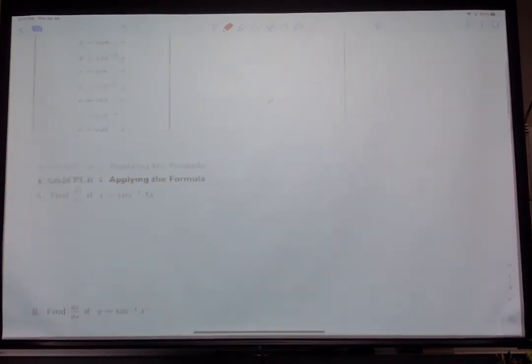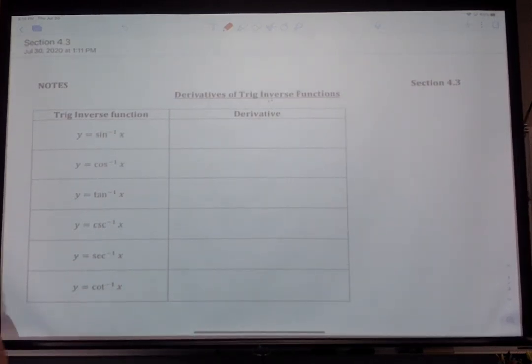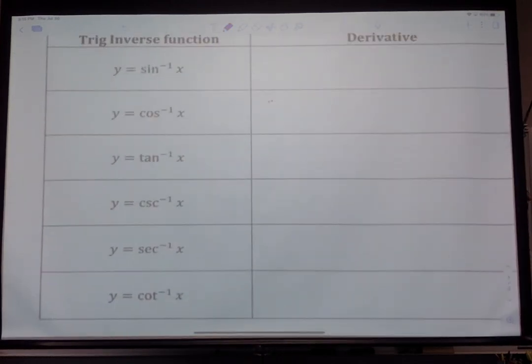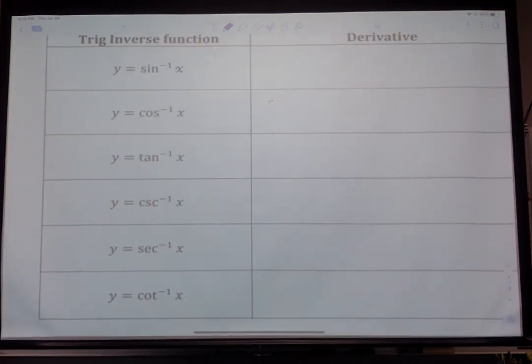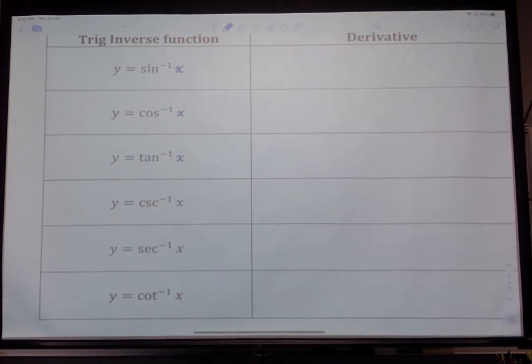All right. So I'm going to show you the 6 trig inverse derivatives. Now, keep in mind that when I show you these, none of them contain a messy.